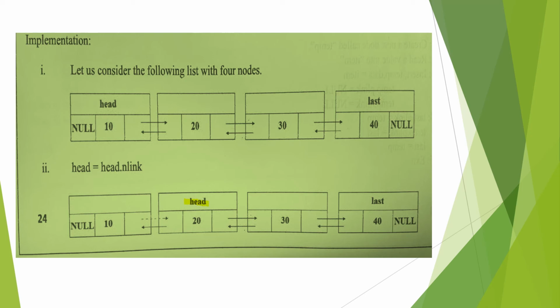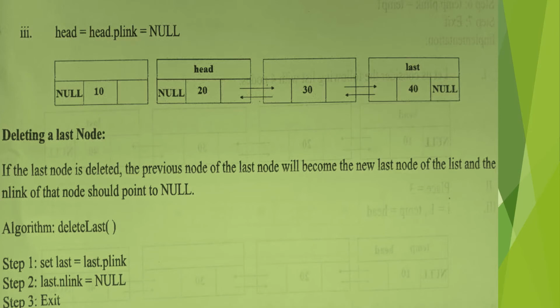If I change this head.plink to null, then it becomes the first element, and this element will be deleted from the existing linked list. So this becomes the first node, means head node, and this item is totally deleted from the double linked list because there is no link.